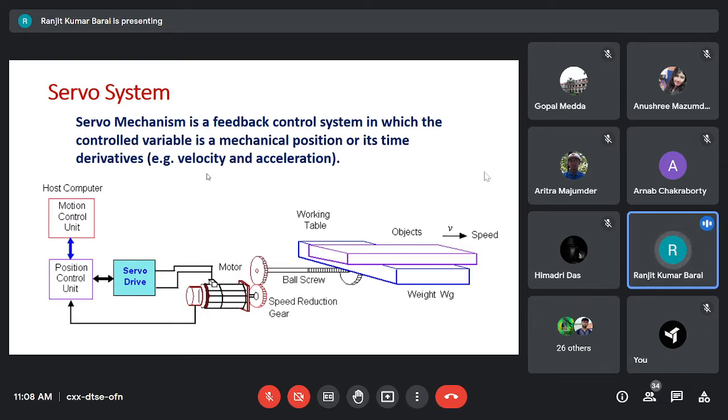Where DC motors are applied in a servo mechanism, it is called a DC servo motor. Now, why is the keyword servo there? This word originated from the word servant. That means whatever command we give, it will help the mechanism to follow that command.